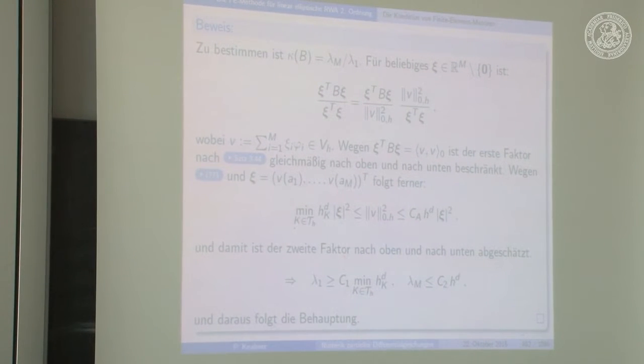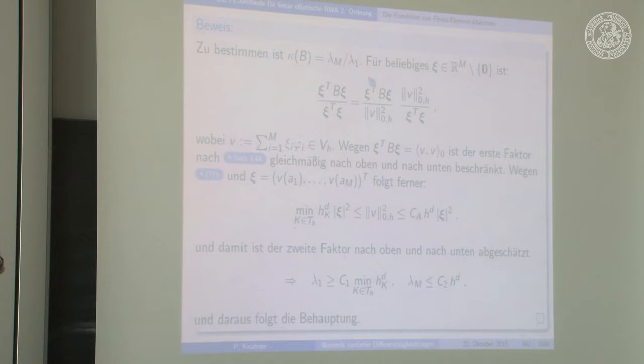That is, we have the spectral norm of the matrix multiplied with the spectral norm of the inverse, and in the case of a symmetric matrix, the norm reduces to the maximal eigenvalue, the spectral radius of the matrix. So we have the maximal eigenvalue λ_m for the norm of B, and 1 over λ_1 for the corresponding norm of A to the minus 1, because A to the minus 1 just has the inverse eigenvalues as eigenvalues.